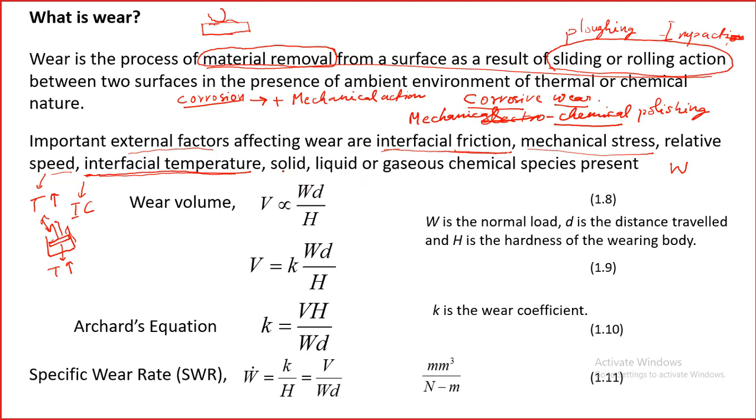And then it depends on whether you have solid, liquid or gas. For solid, we know it is sliding or rolling, but in the case of liquid it can be, for example, a two-phase slurry. In many of the mining industries, a lot of material handling is done in the form of slurry, as well as in the chemical industry.